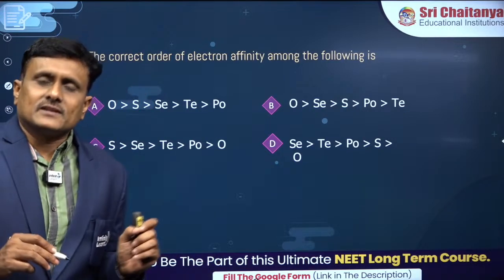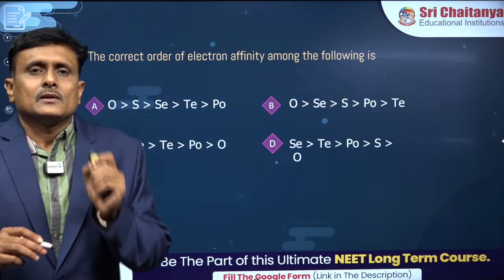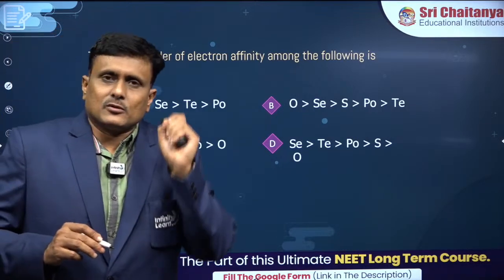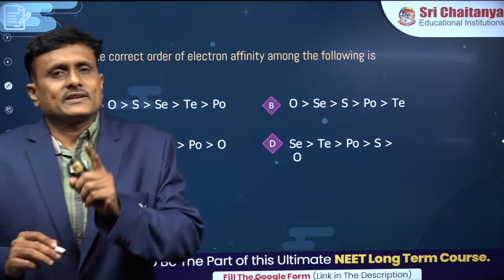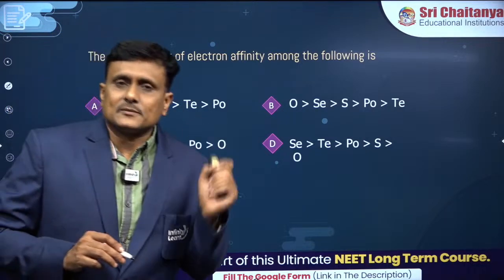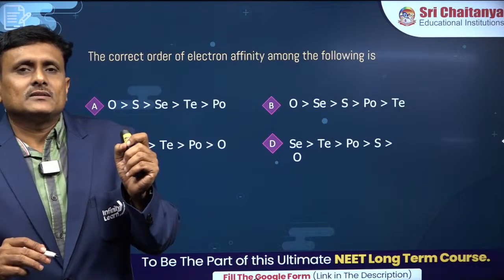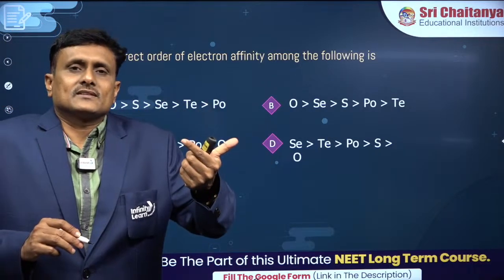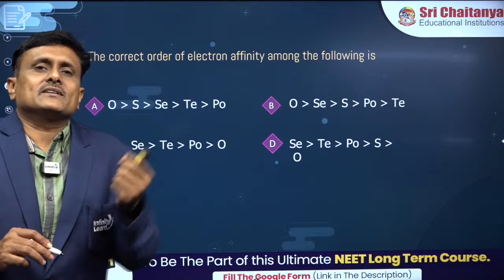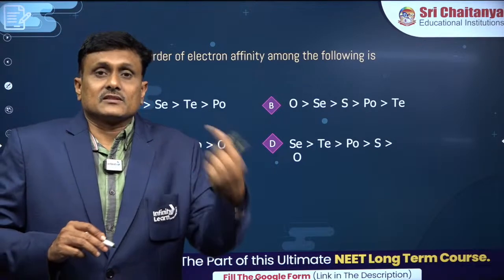Usually electron affinity is more for a smaller atom, but because of extremely small size and more electronegativity, oxygen and fluorine fall as an exception. Fluorine would have been greater than chlorine, but you will see chlorine is greater. Oxygen would have been greater than sulfur as far as electron affinity is concerned, but you will see the reverse.